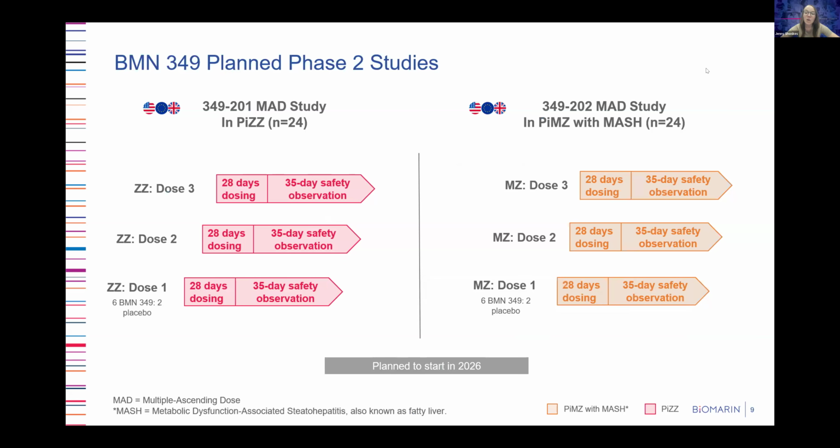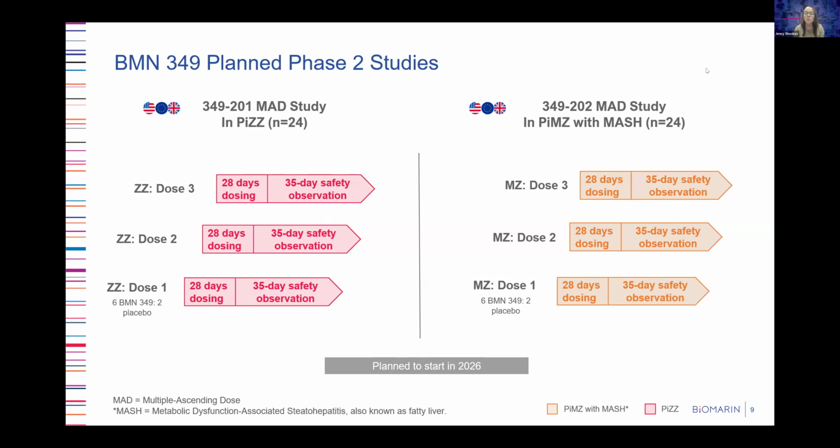Our next hope with this data is to move into a phase 2 study in the next year. You can see there will be two different phase 2 studies, one looking at just the ZZ indication and one looking at the MZ indication with MASH. This study design is called a multiple ascending dose, or MAD study.